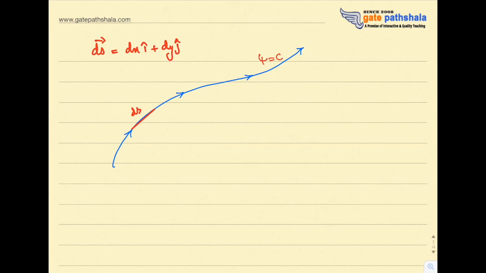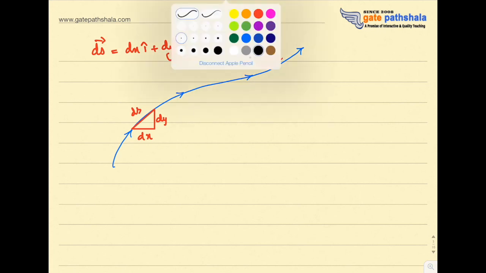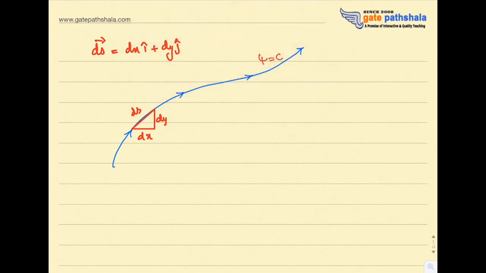So this ds can be written in terms of dx and dy. And we just now proved that dy by dx is equals to v by u.